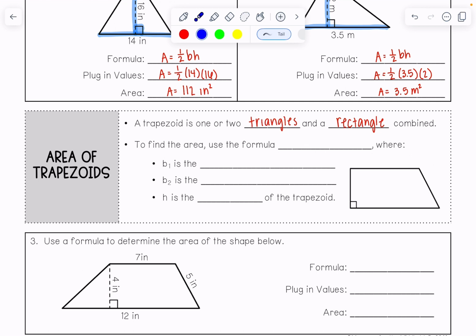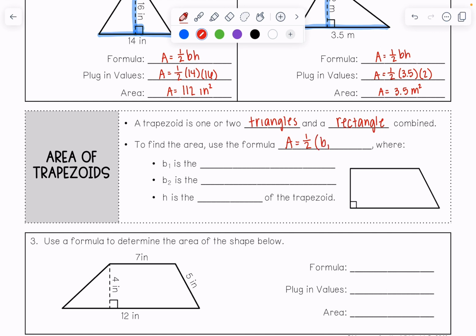To find the area, we use a different formula. Almost all of our formulas for these 2-dimensional figures had base and height in them. However, when we're dealing with trapezoids, there are 2 bases. So our area formula is area equals, and we're still doing 1/2, so 1/2 times the grouping of both of our bases.